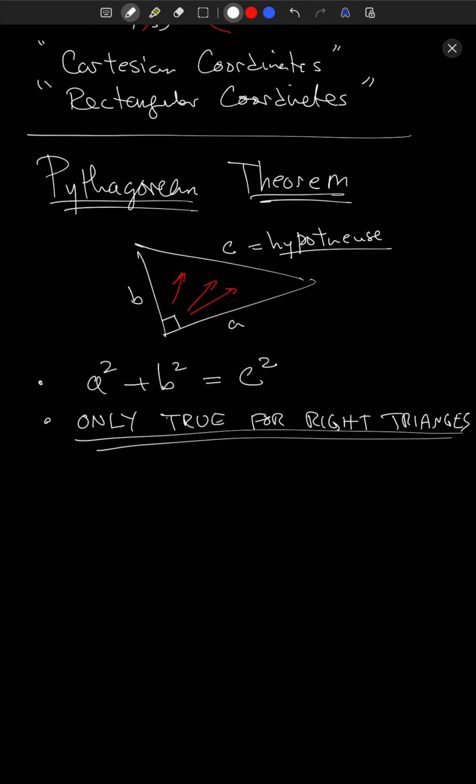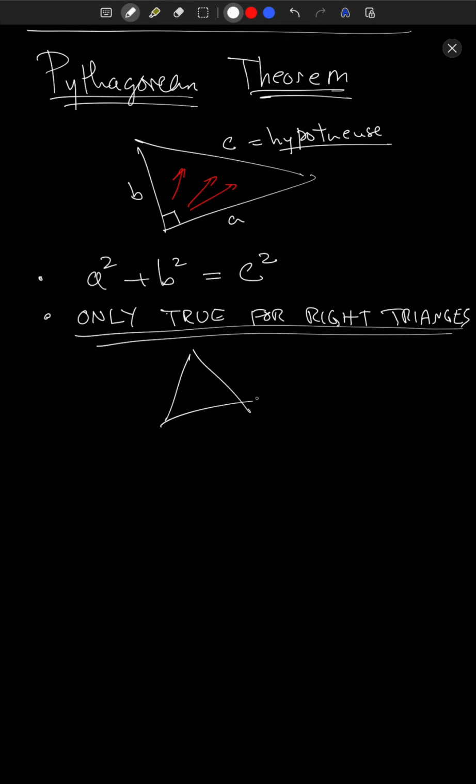If you just have a random triangle, so if I just draw a triangle like this, that's not a right triangle, so there is no angle here of 90 degrees, then this is absolutely not true. So A, B, and C do have a relationship, but it's far more complicated. Not as simple as A squared plus B squared equals C squared.